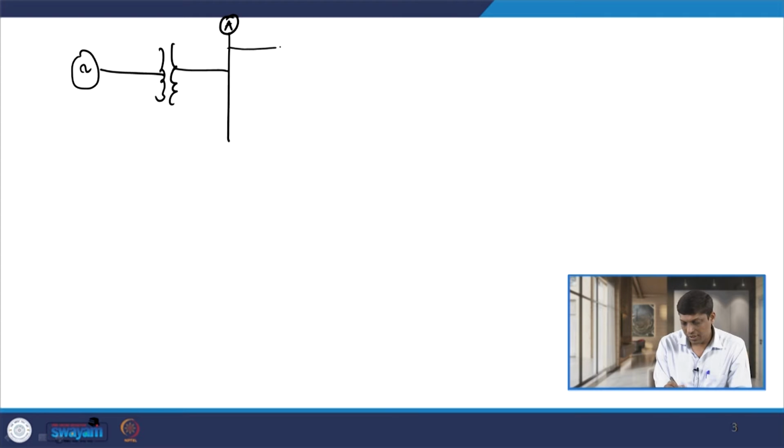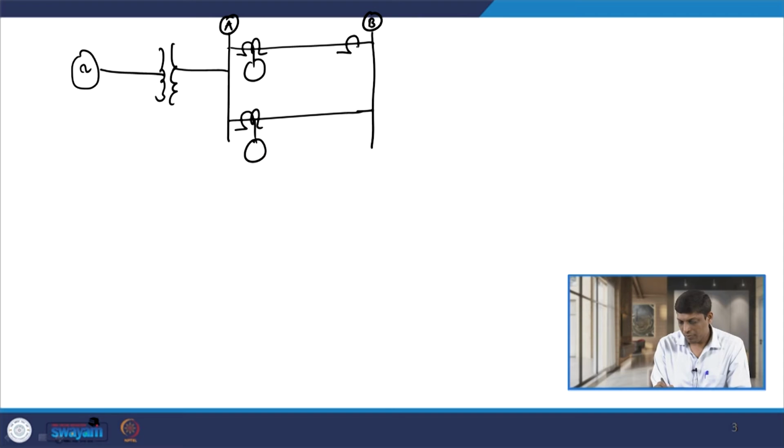These two feeders are connected here at bus B, and we have the 4 relays located on this parallel feeder. These relays are R1, R2, R3 and R4, and the CT ratio of all these relays is 600 by 1.